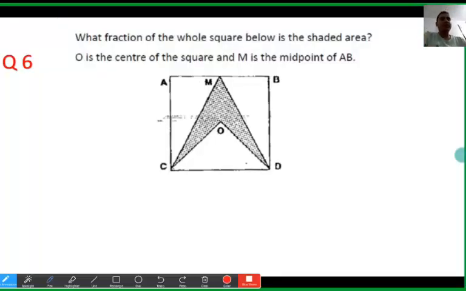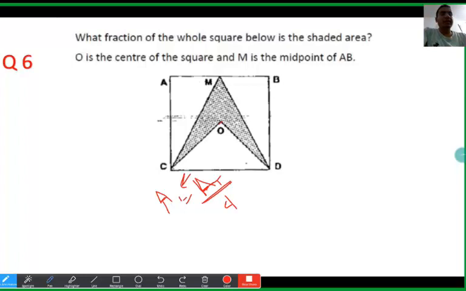What fraction of the whole square below is the shaded area? O is the center of the square and M is the midpoint of AB. Hence O is the center of the square. That means A1 equals A total of the square divided by 4.